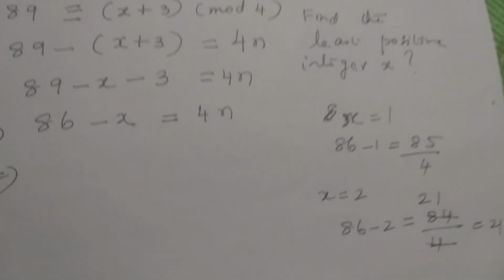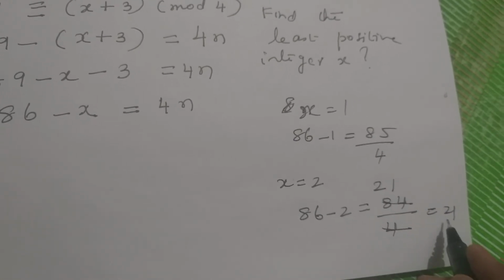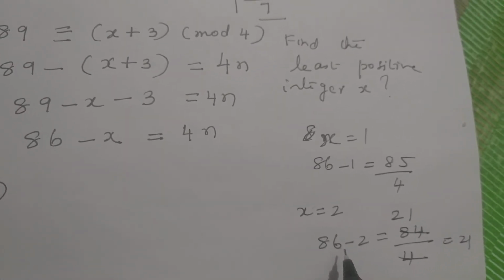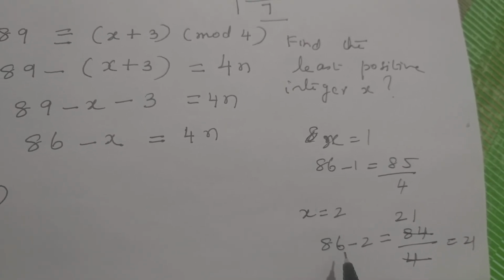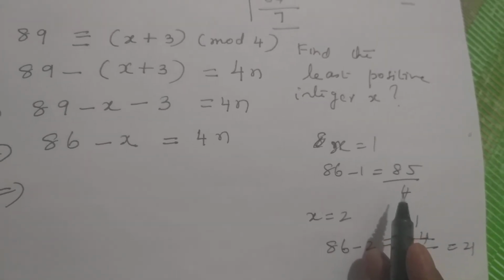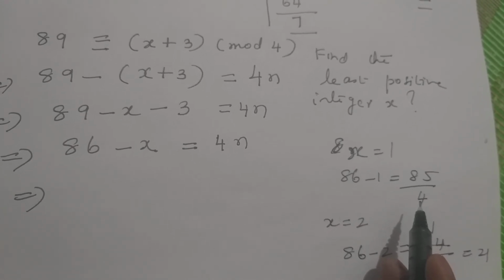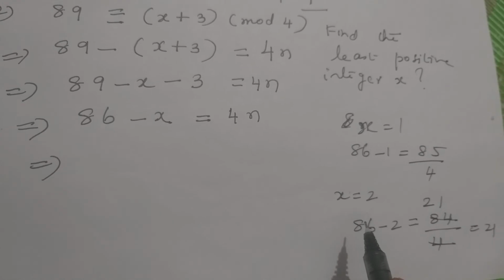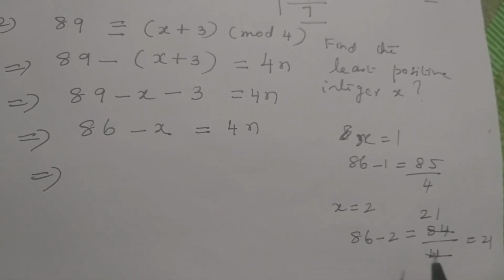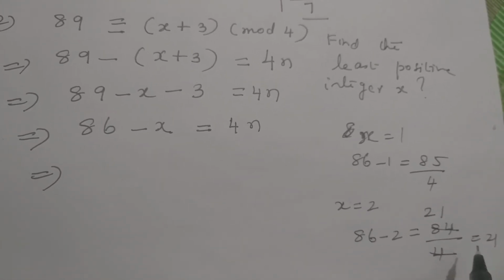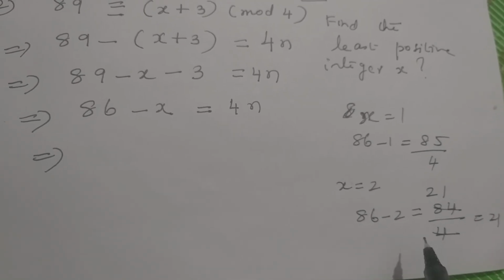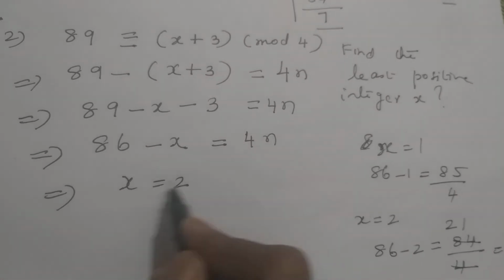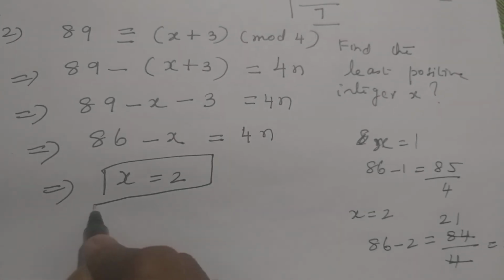Your answer is the x value only. They are not asking for this answer 21. They are asking for the least integer. So least integer 1 we cannot take because it is not divisible. When you divide, you are getting a remainder. But when you take x equal to 2, it is correctly divisible, and you are getting the quotient 21, remainder 0. So we can take x equal to 2 as the least positive integer answer.